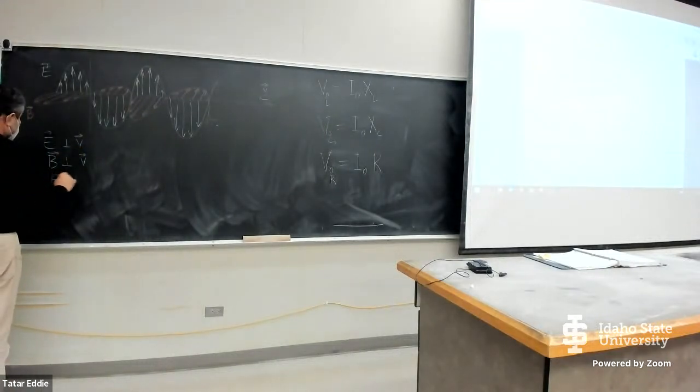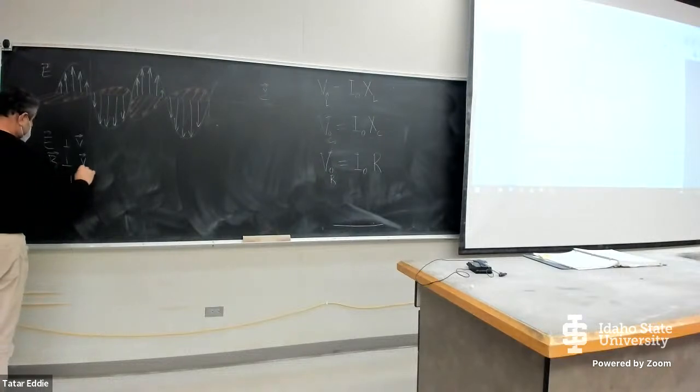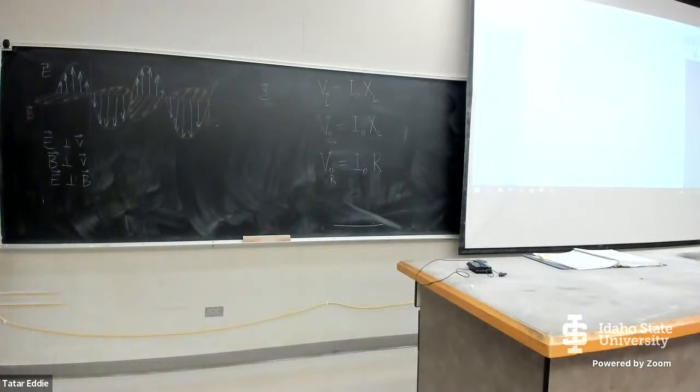And also electric and magnetic field are perpendicular to each other. So the three vectors, direction of propagation, electric field, and magnetic field, form three perpendicular vectors, a right-handed coordinate system, with electric field first, magnetic field second, and direction of propagation third.